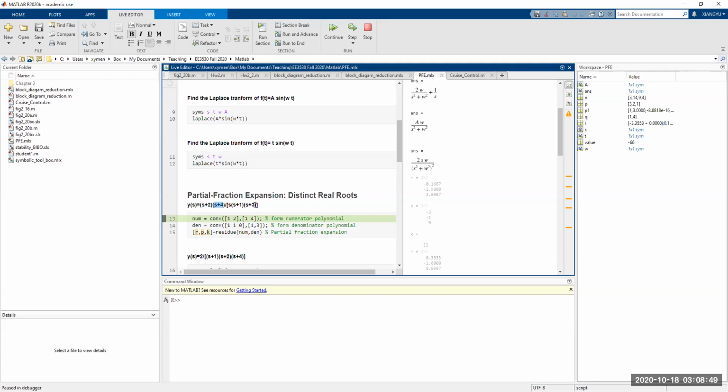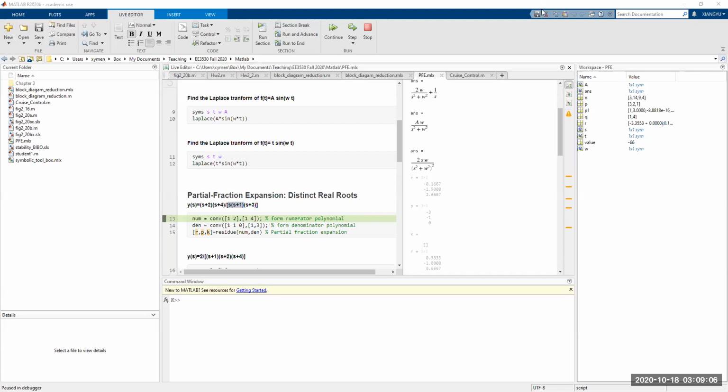For the denominator, since convolution can only work for the multiplication of two polynomials, let's multiply the first two polynomials first. It will be s squared plus s, so the coefficients are 1, 1, 0.